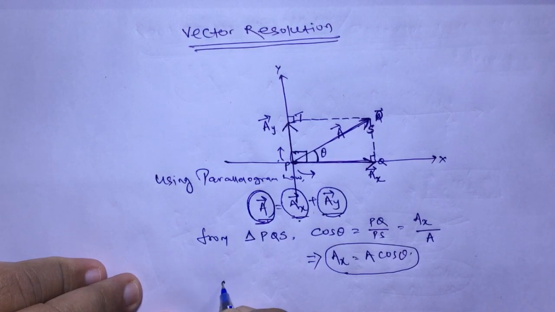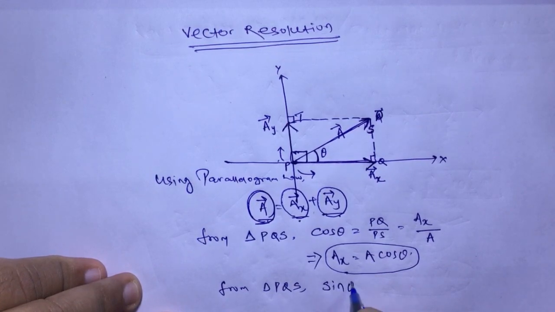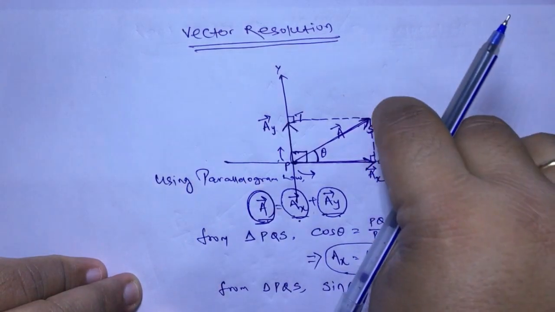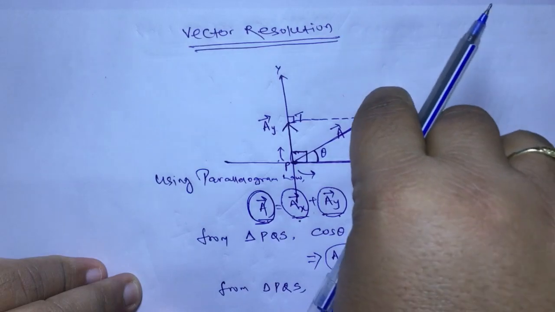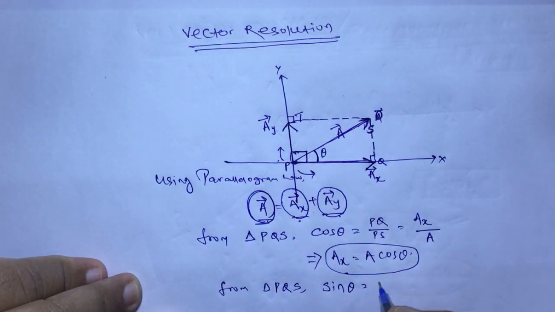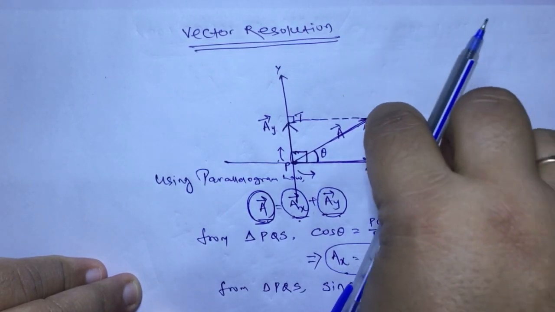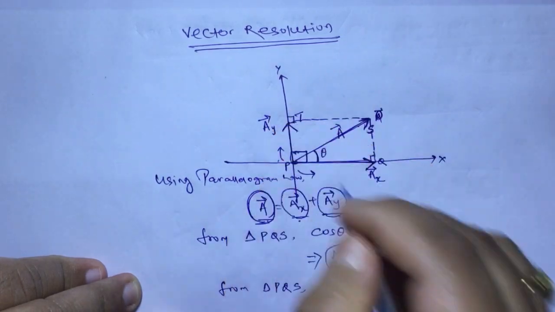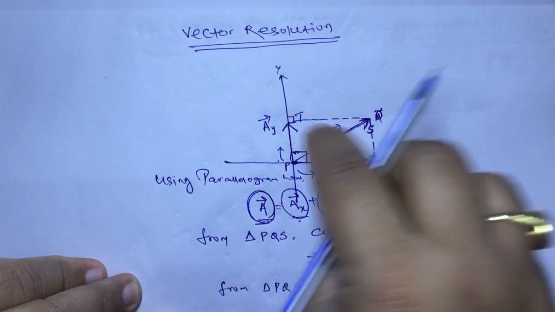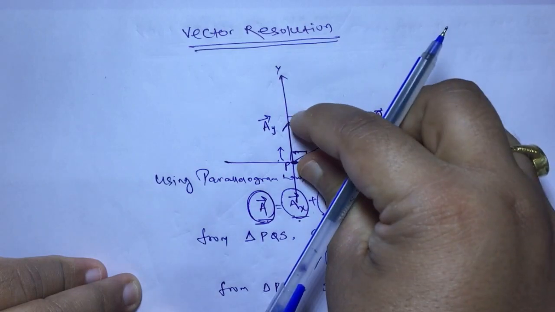Similarly, from the same triangle PQS, what will be the value of sin theta? Sin theta will be perpendicular divided by hypotenuse, so it will be QS divided by PS. I can write QS as PT also, because this is a rectangle, so this side and this side must be the same.